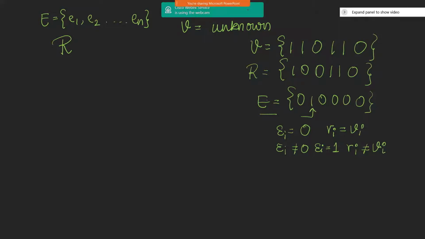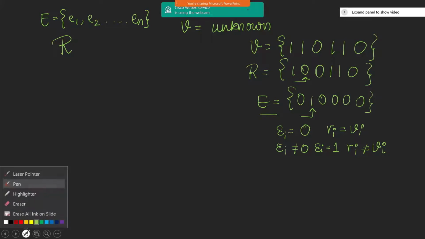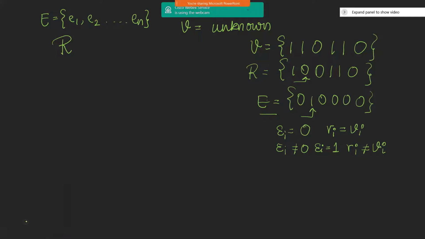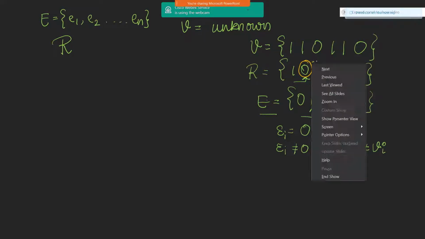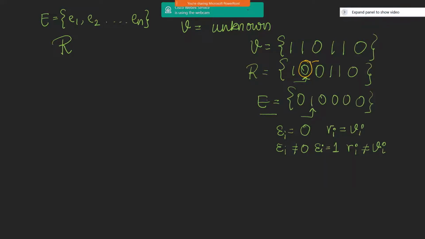Therefore, I can easily point to the received vector at that particular position and change 0 to 1 and then correct the error. So in the error correction process, if we recognize this bit has ended up in an error while decoding, I'll change this 0 to 1 because I know this is where the error has occurred.